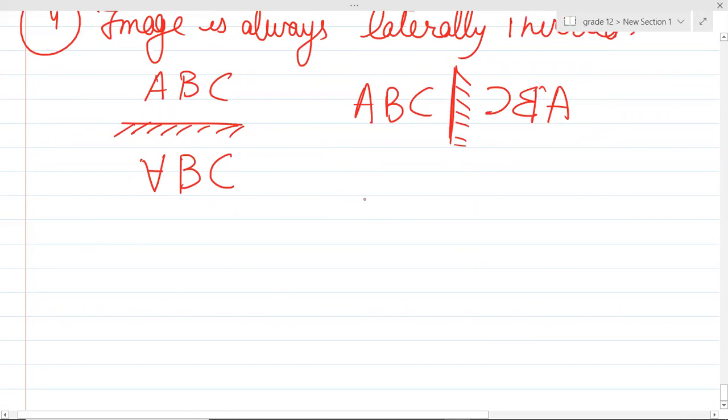Can you see over here? Similarly, suppose this is a mirror, a very big mirror. This is a guy who is doing dance classes. So basically, this is the right hand of the object and this is the left hand of the object, right? When he sees himself in this mirror, he sees this image.